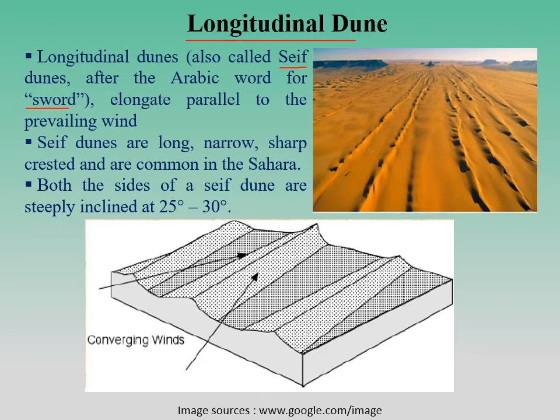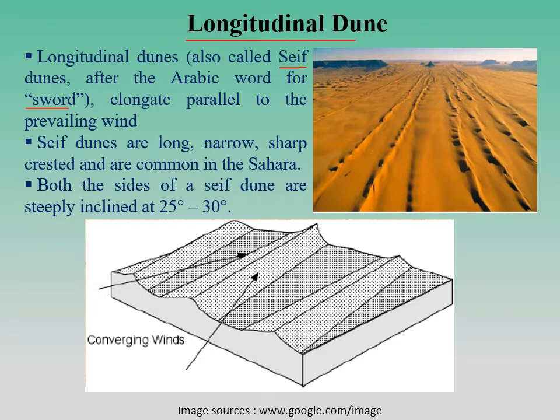Now these dunes have elongate ridges parallel to the prevailing wind direction. The sif dunes are long, narrow, sharp crested, and they are commonly found in the desert of Sahara. These dunes are formed when the wind is mainly coming from two sides, and they meet or coalesce with each other at a narrow angle.